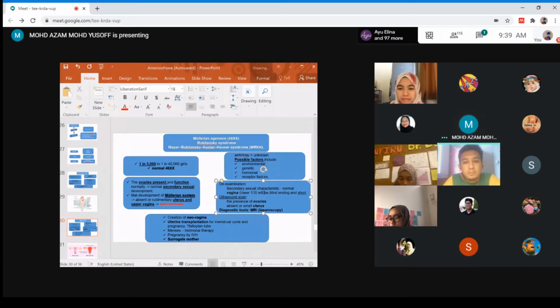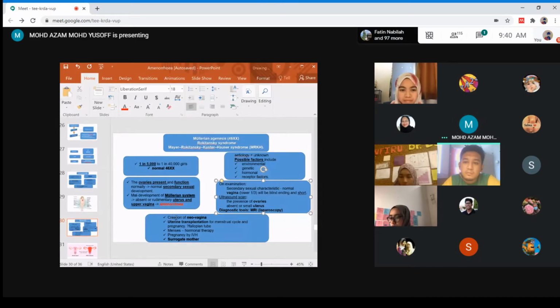Some people say blind and short vagina. On ultrasound, we see the ovary, but the uterus is either small or absent. It's not well developed. Diagnostic MRI, previously laparoscopy.